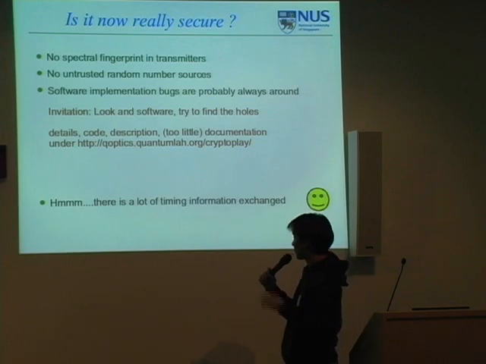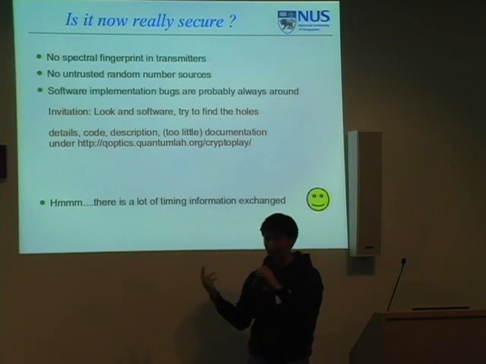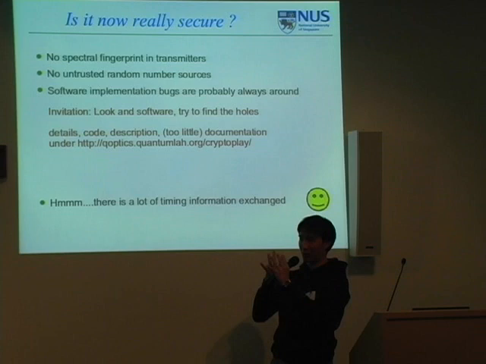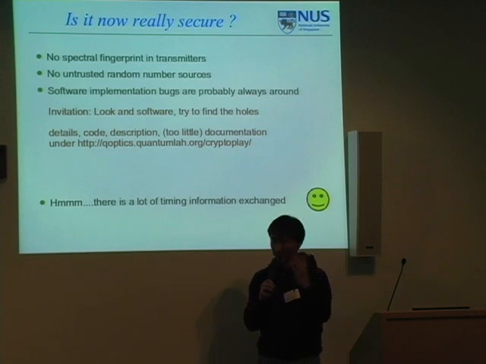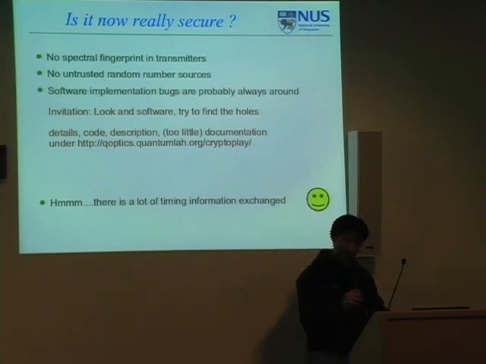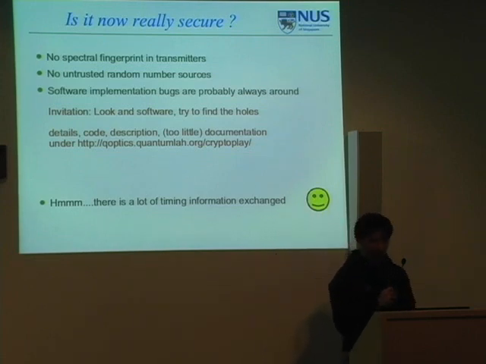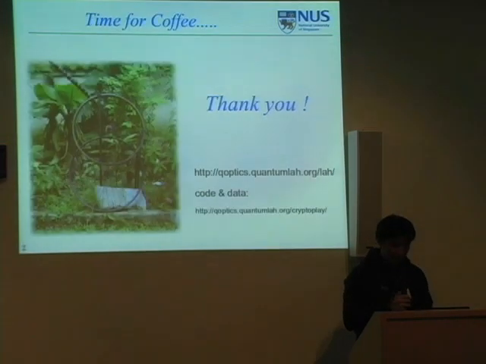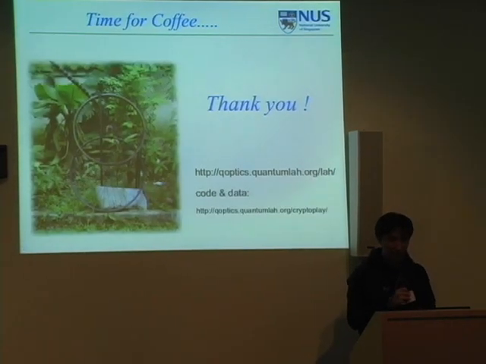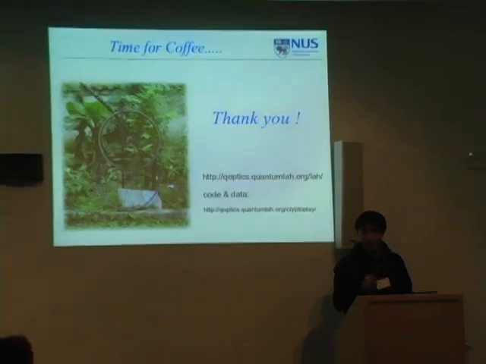One of the things to note is that there's a lot of timing information that's exchanged to get coincidences, so there's a good chance that you might be able to derive some information on the key that you're sending. But you're invited to look at our software and find holes if you want. It's all on this website over here. Well, I guess that's all I want to say today, and thank you for your attention.